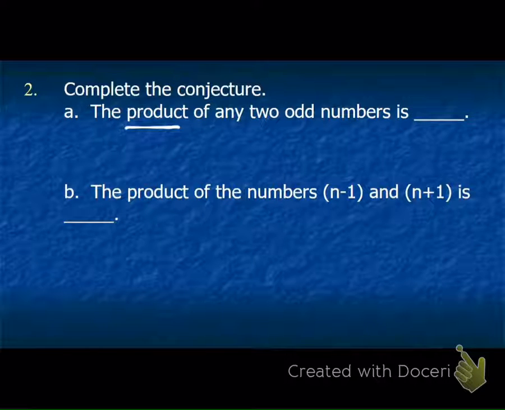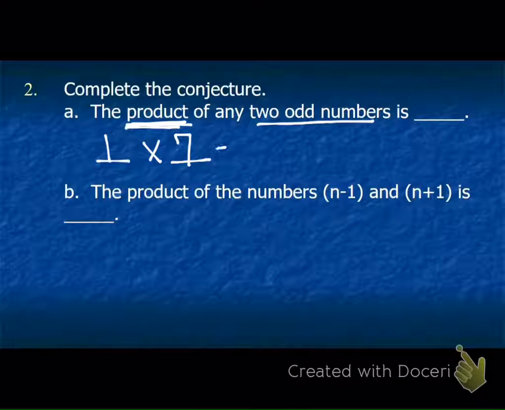Think again, what is product? Multiply. Of any two odd numbers. So we're multiplying what? Two what? Okay, give me two odd numbers. 1 and 7? That equals 7. Okay, give me another one.